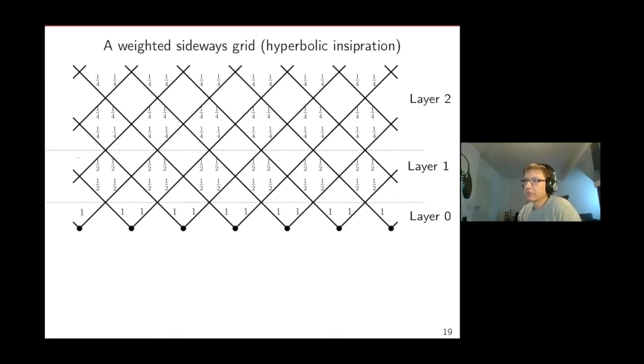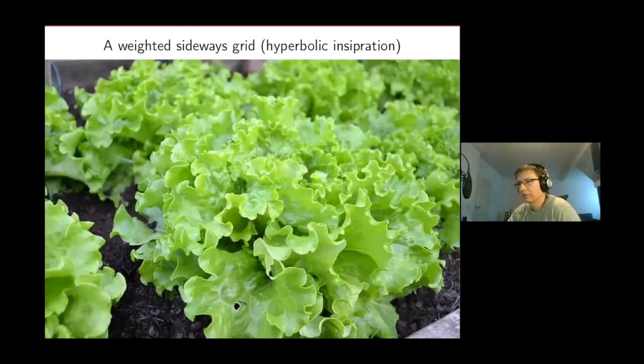And this will somehow be quite useful for us momentarily. But first I have to say where this comes from. And this actually comes from hyperbolic geometry. So if you're not familiar with hyperbolic geometry, you can imagine the life of an ant on a lettuce leaf.